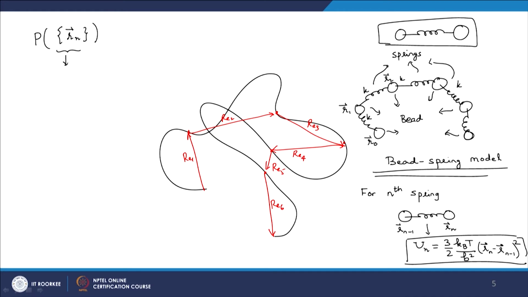What essentially it means is all the positions R0, R1 to Rm, and this will then be a product of the individual probability densities for each of the springs. Okay. Each spring is now a Gaussian spring. For each spring we can associate a probability density, and so at any given moment the probability density for the entire chain will be a product of the probability densities of the individual segments.